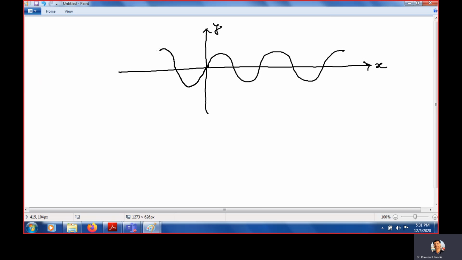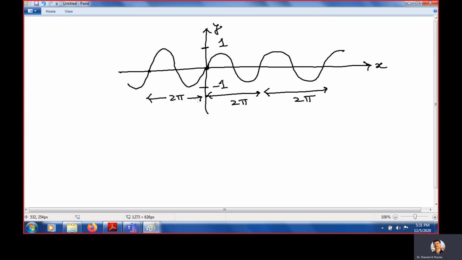Clear? And you will see for one interval from here to here it is 2 pi, and again from here to here it is 2 pi. Similarly, here to here, it is 2 pi. The maximum value is 1 here, and the minimum value is minus 1 here.